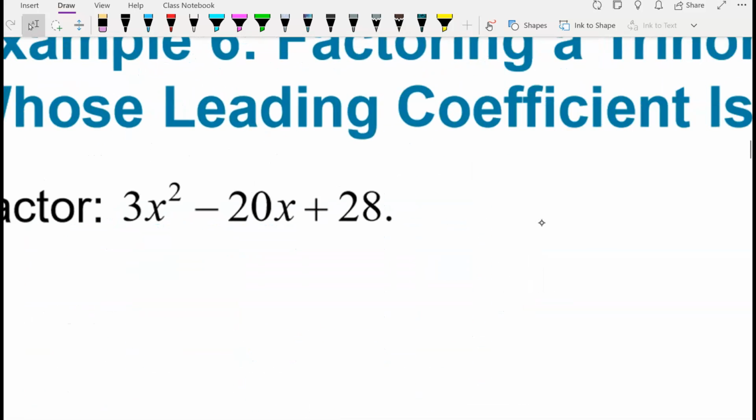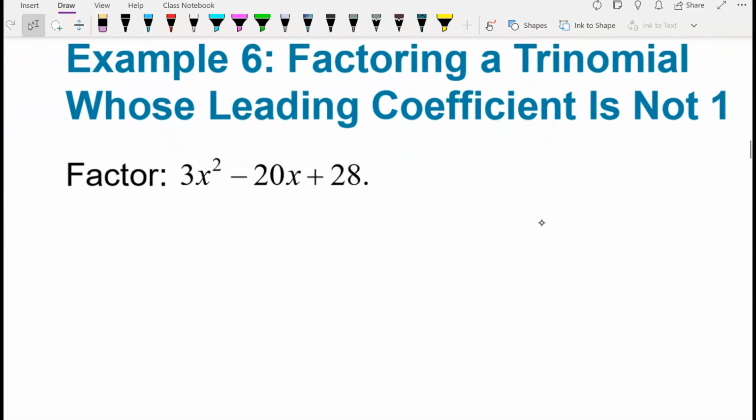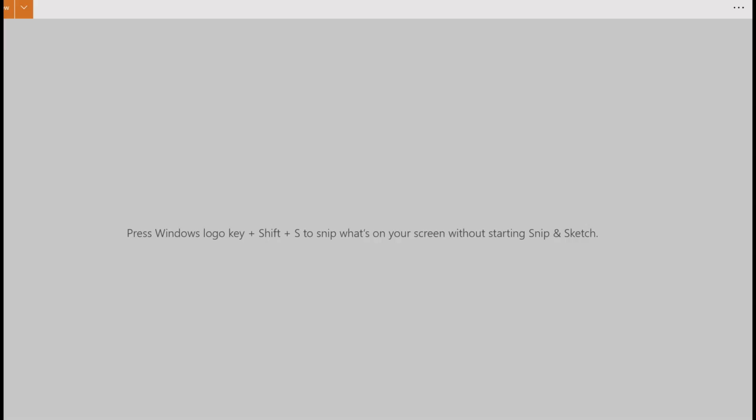All right, so let's look at some. Then sometimes when you have an a value in front, you want to see if you have a GCF or not, but that's up to you to look at and see.